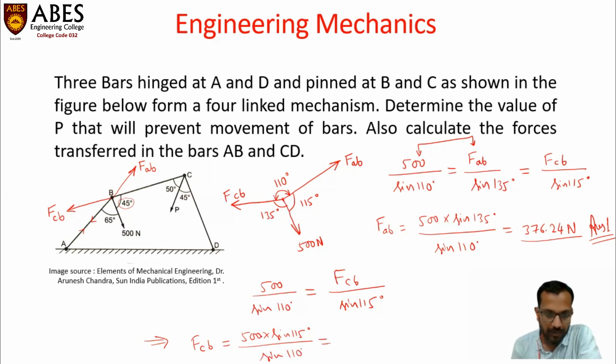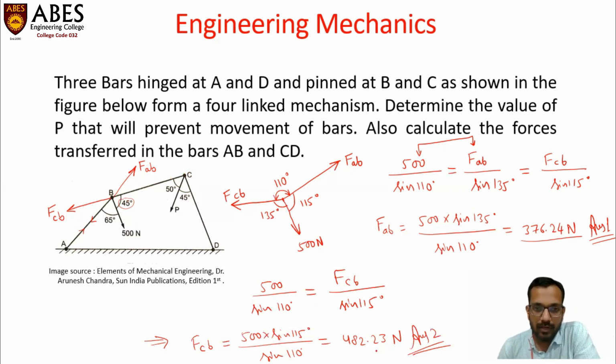By calculation, we can find out that the value of FCB is 482.23 newtons. So this is our second answer, you can say. The force in this link from point C towards point B, this force is 482.23 newtons. So far we have considered this junction B, the forces which are acting at this junction B.